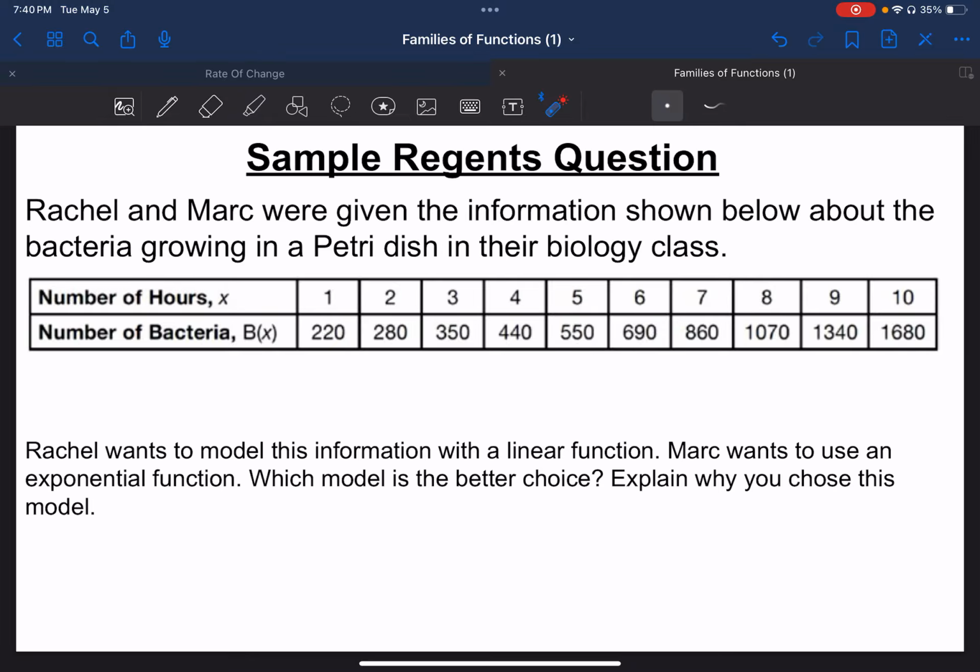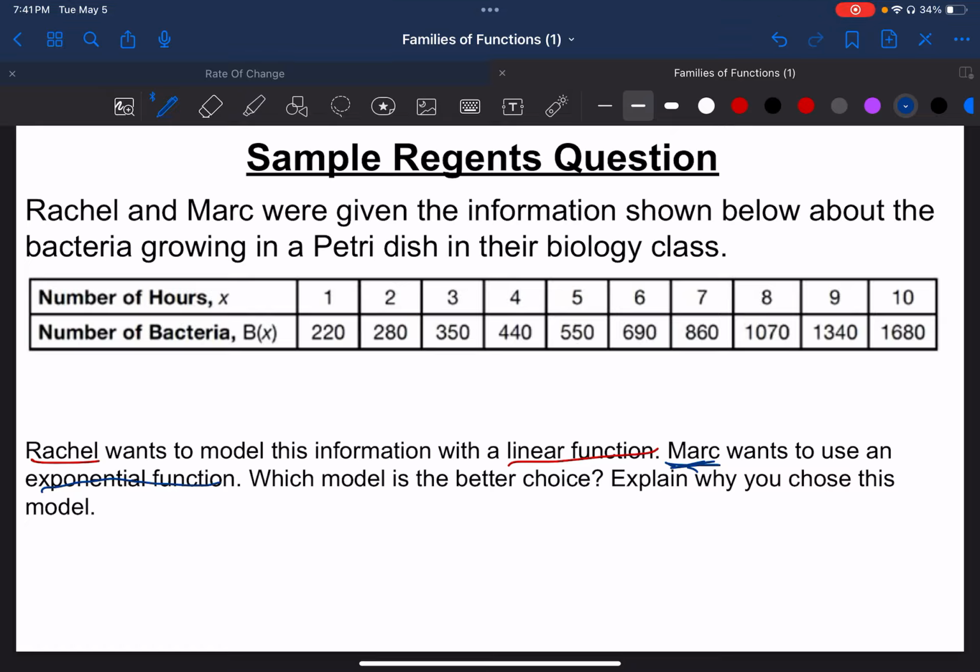Mark wants to use an exponential function. Which model is the better choice? Explain why you chose this model. So we've got to see if we're agreeing with Rachel, who says that this is a linear, or if we're agreeing with Mark, who says that this is exponential.